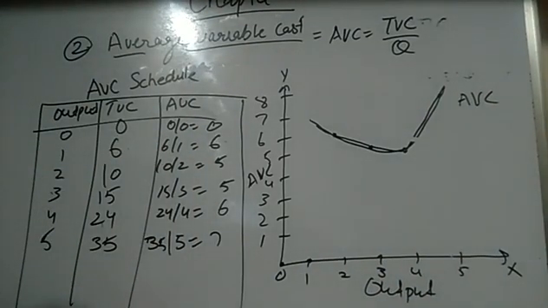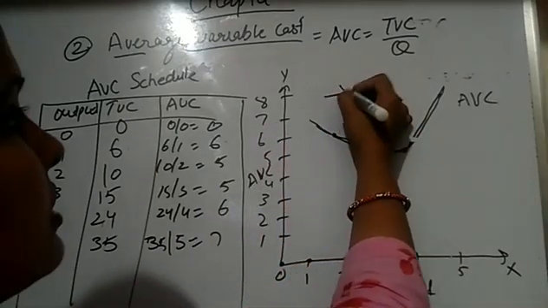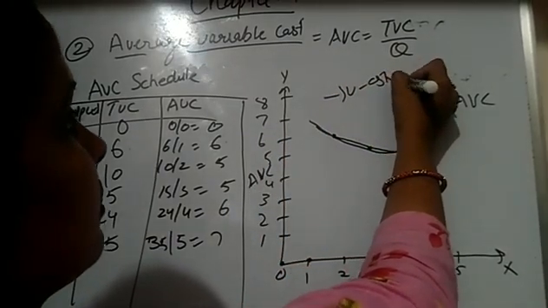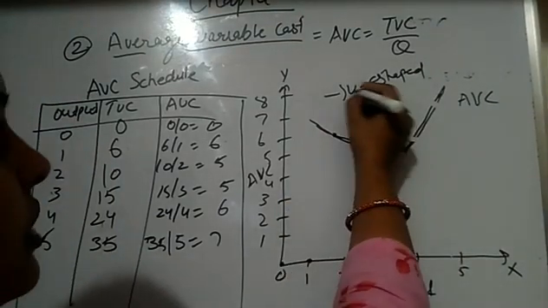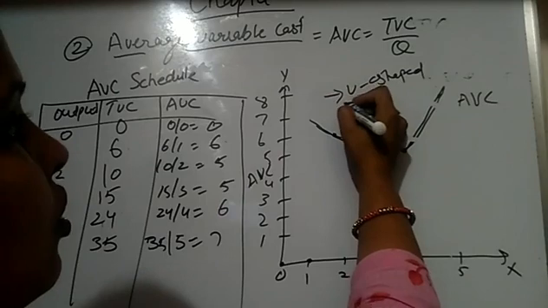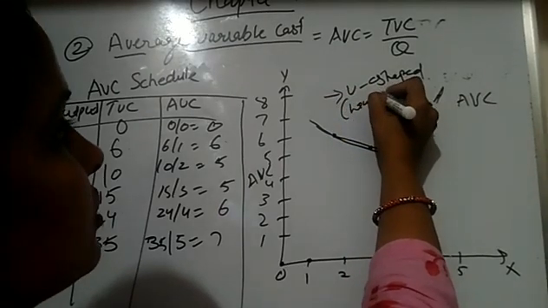So see students, the curve of average variable cost. The shape of average variable cost is U shaped. Why is it U shaped? Because of the law of variable proportion.